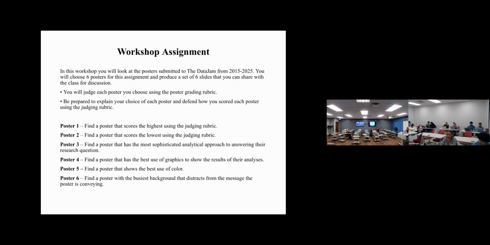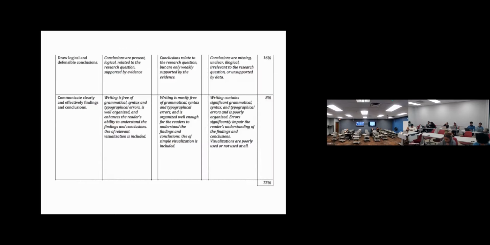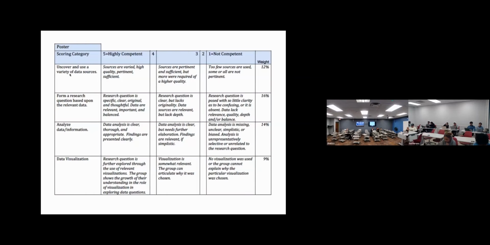So poster 1: find a poster that scores the highest using the judging rubric. You're going to want to look back at that judging rubric. If we look here, for example, I'm on uncover and use a variety of data sources. That's one scoring category. You would give the poster a 5 if the sources are varied, high quality, pertinent, and sufficient to answer the question.